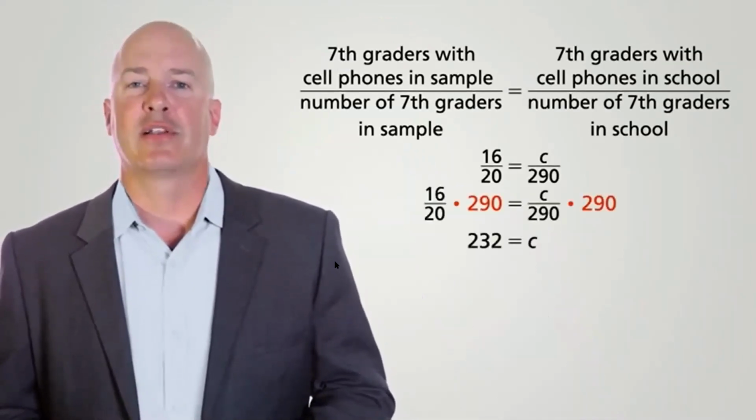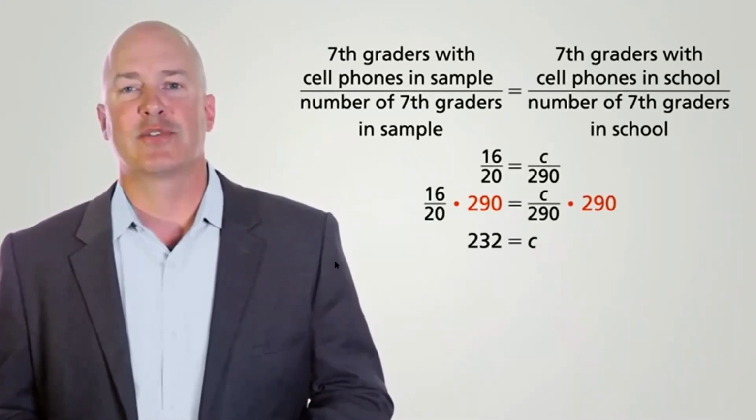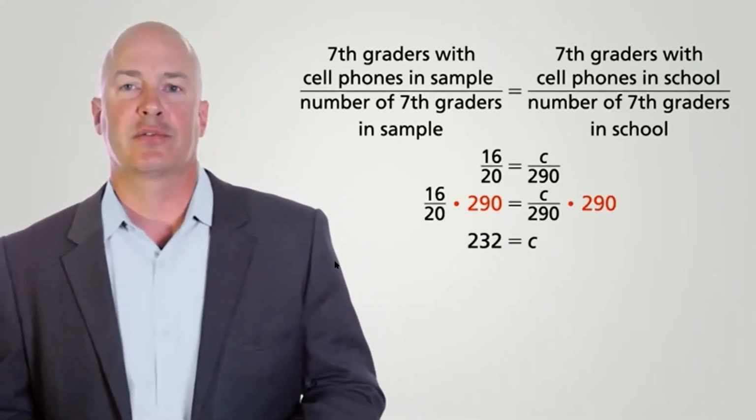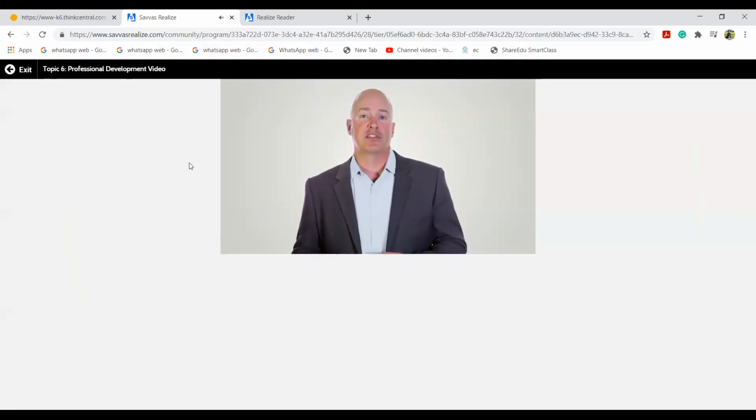Students can apply their knowledge of ratios and proportional reasoning to write and solve a proportion to estimate the number of 7th graders, or C, that have cell phones. The topic continues with students using different data displays and their appropriate measures of center and spread to compare samples and thus draw conclusions about a population. Students learn that measures of central tendency are useful in comparing populations, but that they will vary from sample to sample. So measures of spread will assist in validating these.